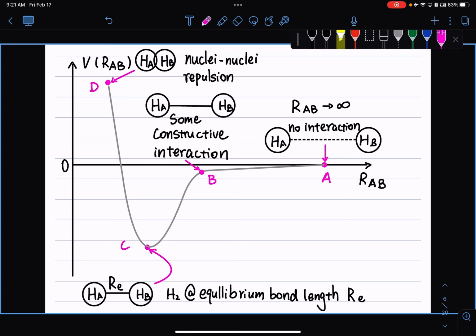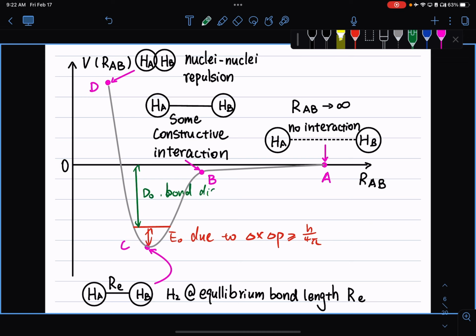And remember, because we're talking about quantum mechanics, there always exists some kind of zero-point energy due to the Heisenberg uncertainty principle. As a result, the experimentally measured D naught, or the bond dissociation energy, will be different from the theoretical minimum on the Morse potential diagram.